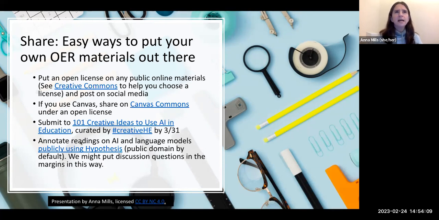But Perusall is not a public tool. It's sort of with your class. It's a private space. Hypothesis can be either private or public. We can share reactions to any readings on AI, and students can share reactions by annotating those texts. So there are these kind of easy ways to start contributing to this global commons of educators responding.